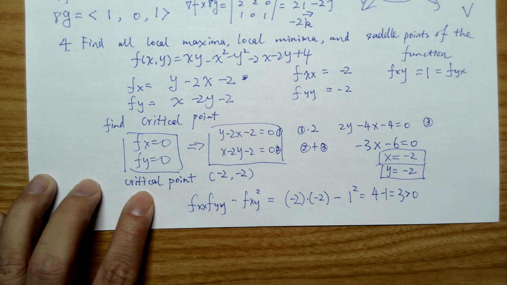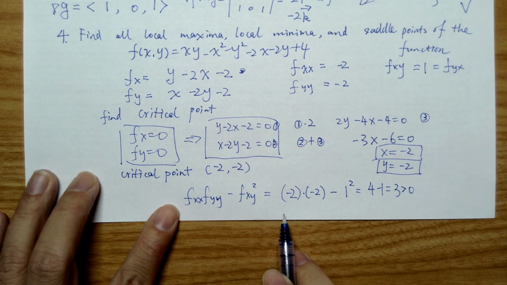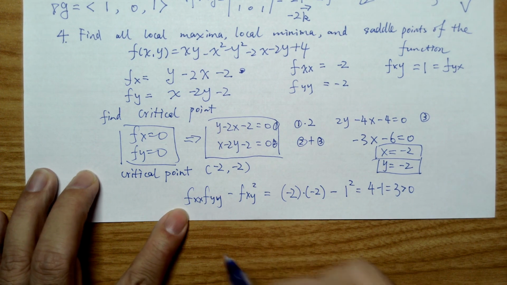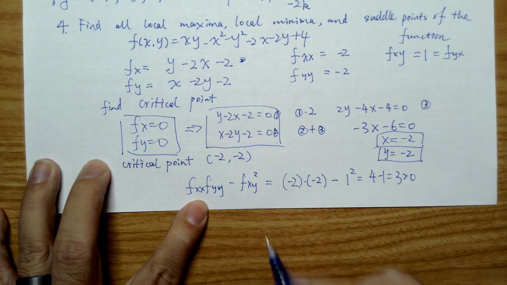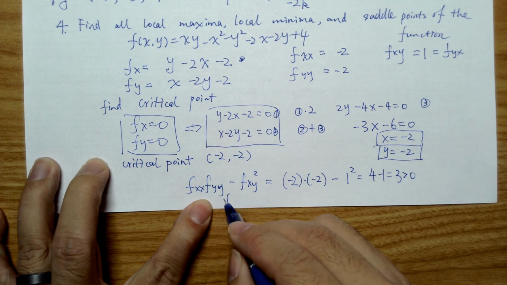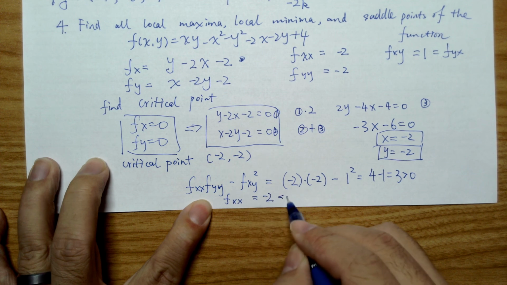To decide which, we determine the sign of the second derivative with respect to x. f_xx equals negative 2, which is less than 0.